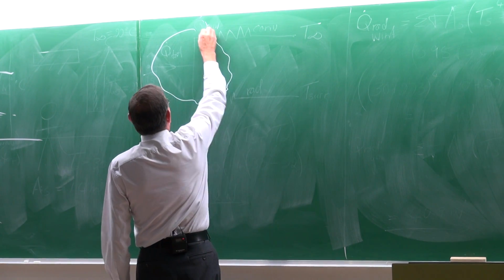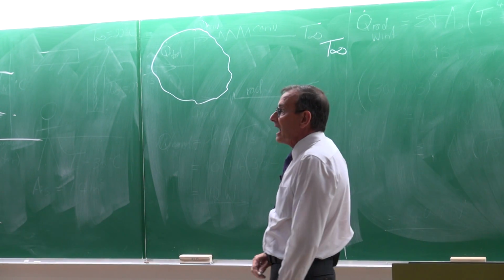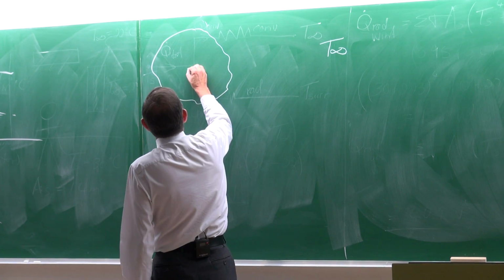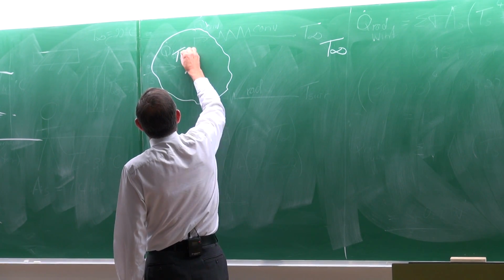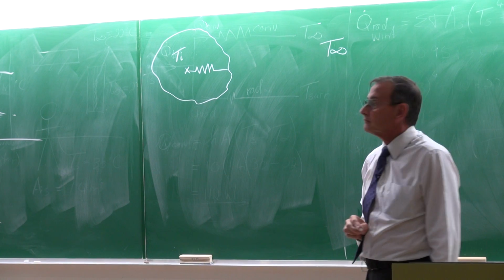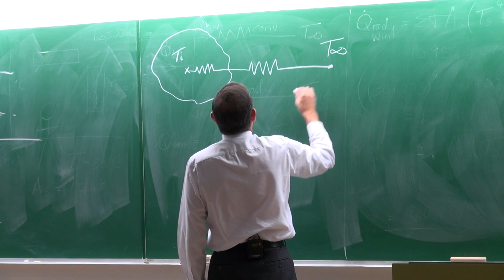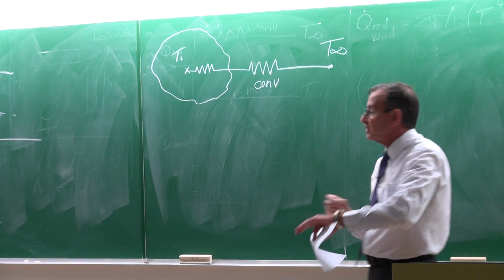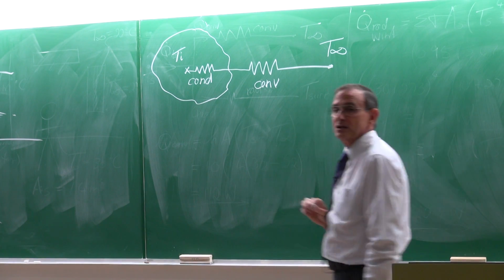If we have a body like this, and here is the temperature of the environment, and we do not take into consideration radiation heat transfer, then that temperature there is maybe the initial temperature, and then there will be the resistance of the body, and then there will be the resistance of the convection.